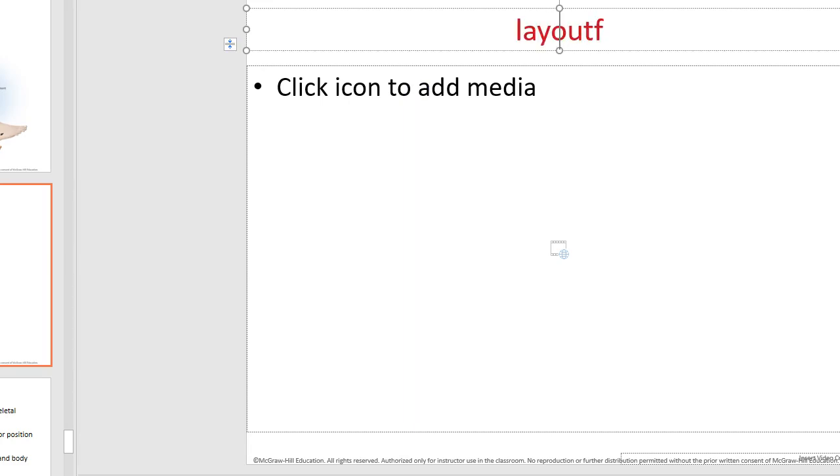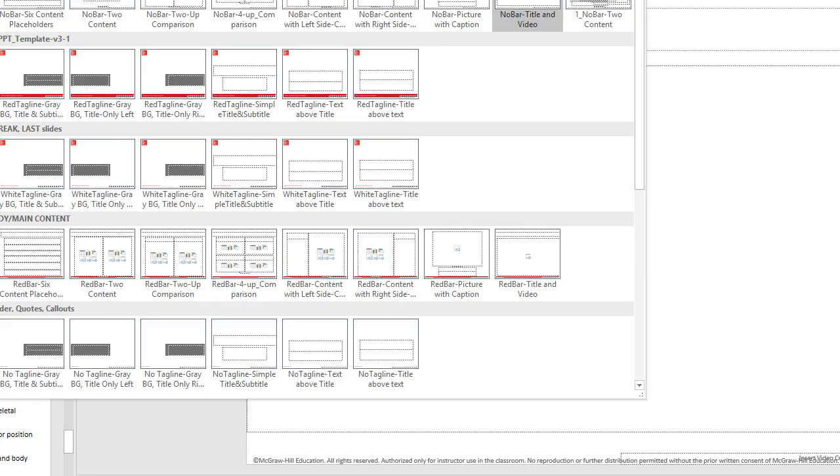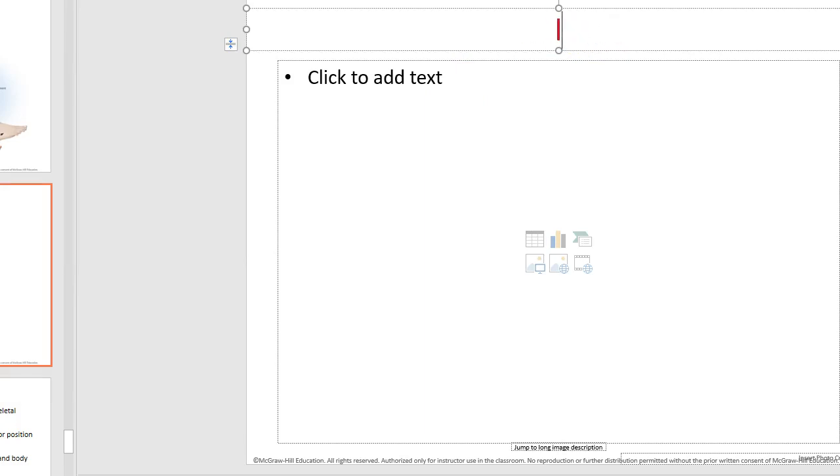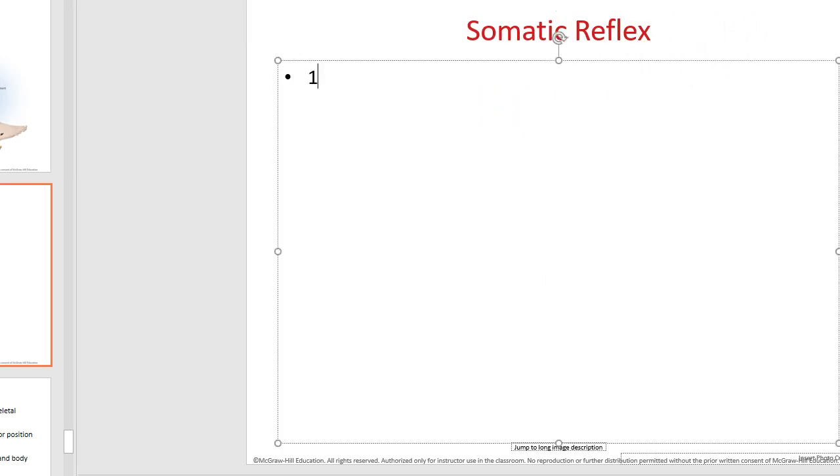I think I picked the wrong one. Let me pick another one. Let's try. There we go. Excuse me for the drilling in the back.